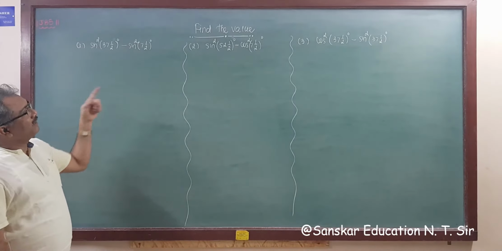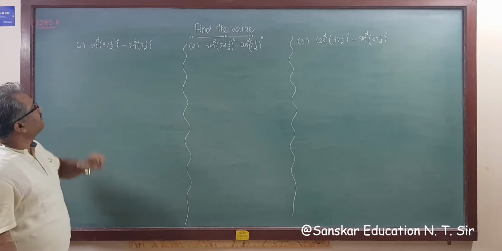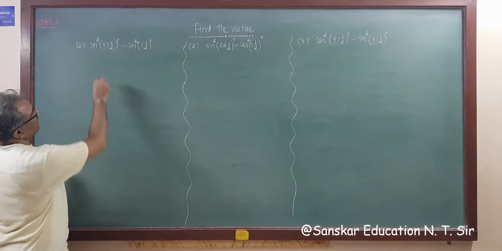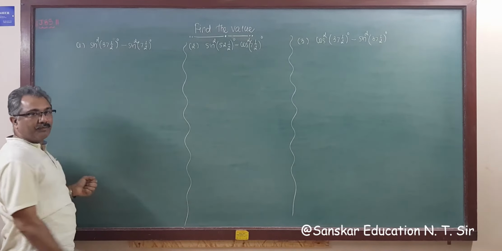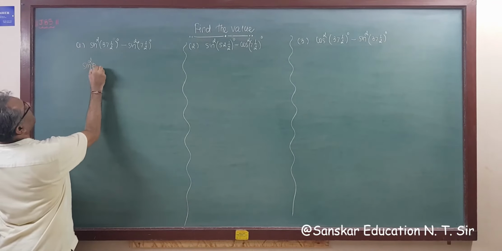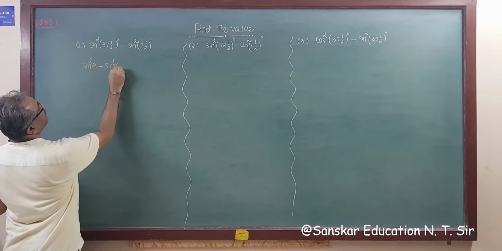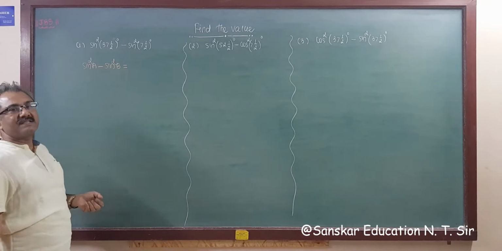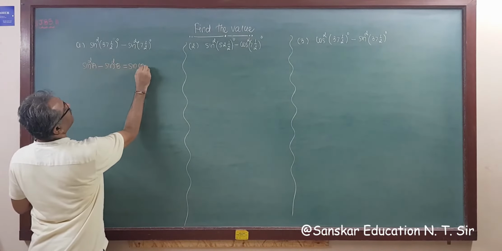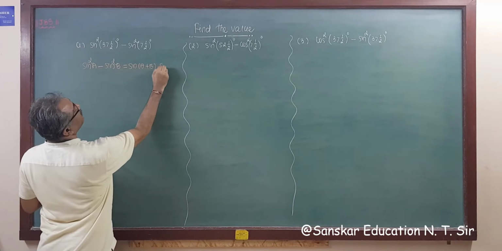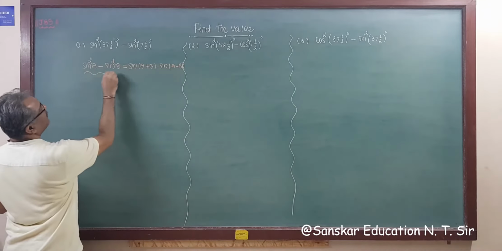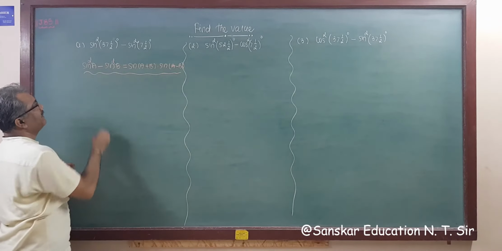Another question, find the value: sin square 37.5 degree minus sin square 7.5 degree. We have the formula sin square A minus sin square B, that is sin(A plus B) into sin(A minus B), which we have to apply here.